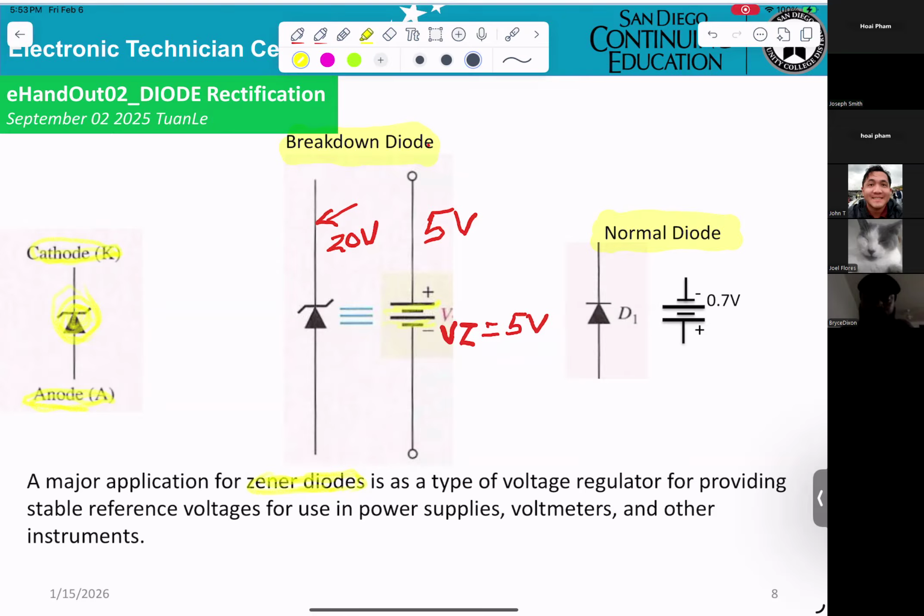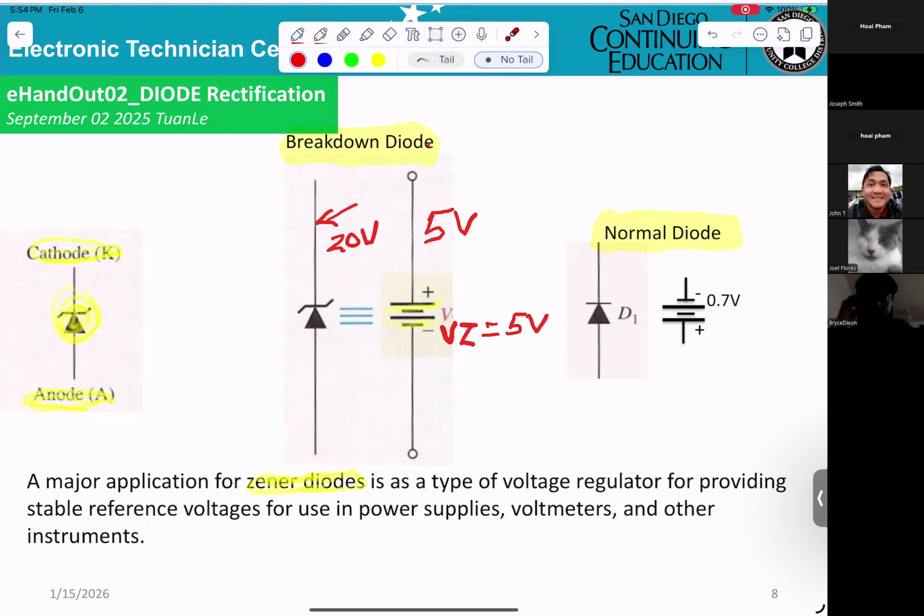Now see what they said in here. Major application is in a diode type of voltage regulator for providing a stable reference voltage for use in power supplies, voltmeters or other instruments.